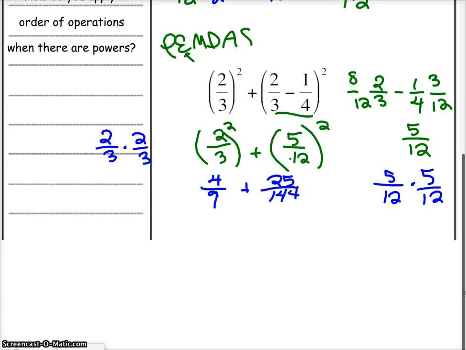Oh gosh. Yeah, I didn't mean it to be that ugly. That's how fractions can get ugly fast. But I'm just going to roll with it. So I don't know what their common denominator is, so I'm just multiplying them. 144 times 9 is 1296.